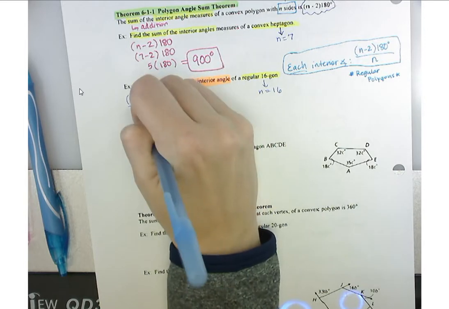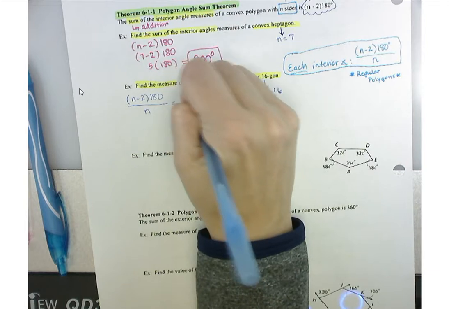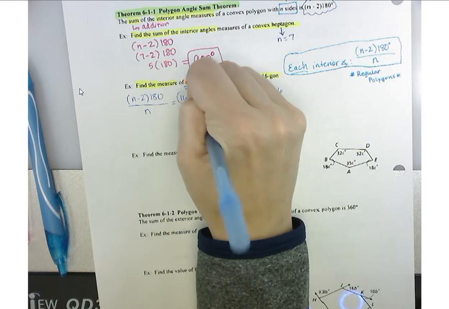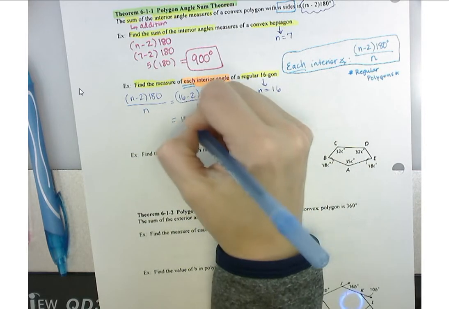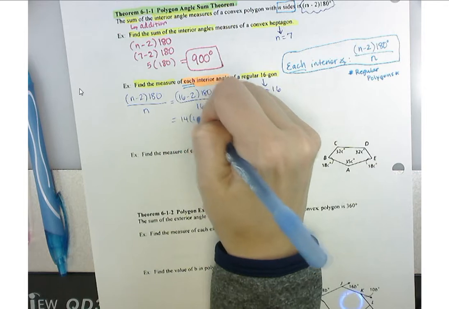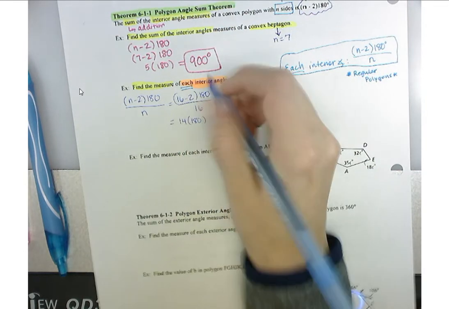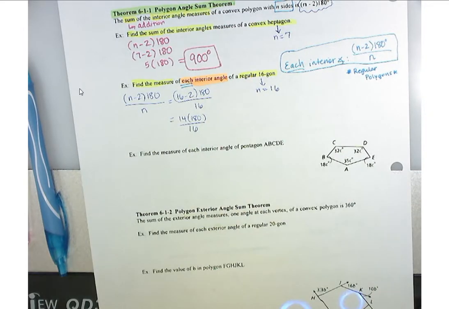And then to find each, you divide by n. And then we just have to evaluate. So we're going to do 14 times 180, and we're going to divide it by 16. And sometimes it is a decimal, and that's perfectly fine.